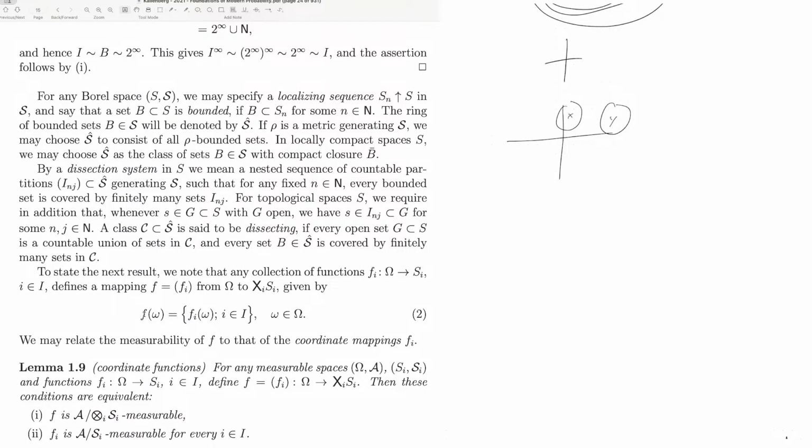F of omega is equal to the set f sub i of omega such that i is in I. We may relate the measurability of F to that of coordinate mappings.